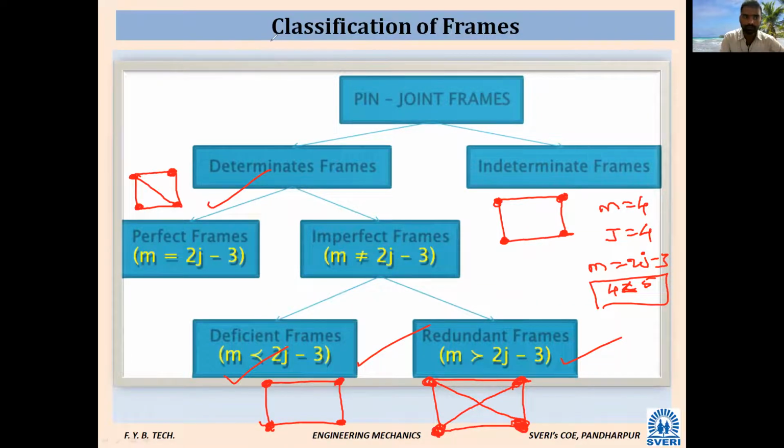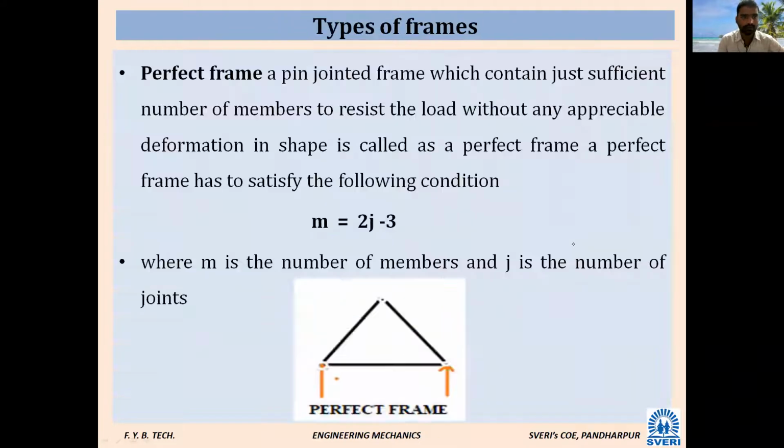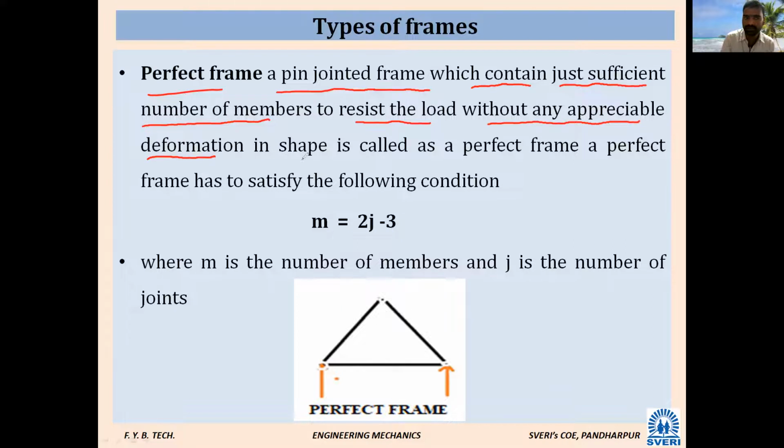Whatever I have given in the pictorial diagram here, the same thing is explained here. So he has given the definition. Perfect frame means a pin-jointed frame which contains just a sufficient number of members to resist the load without any appreciable deformation in shape.